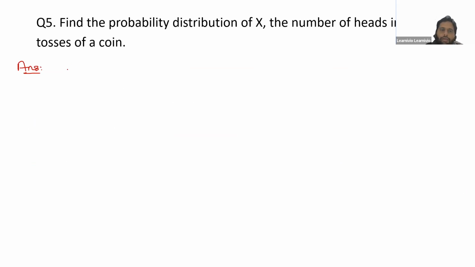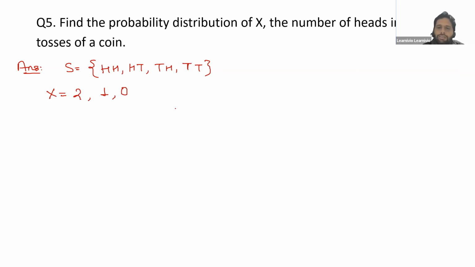Now you are tossing a coin two times, so the sample space is HH, HT, TH, and TT. What are the possible values of X? X can have the value 2 heads, 1 head, and 0 heads.